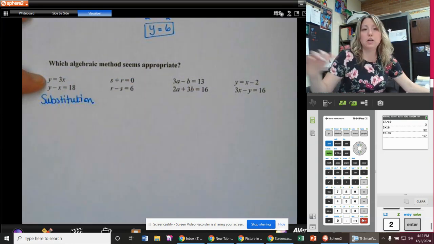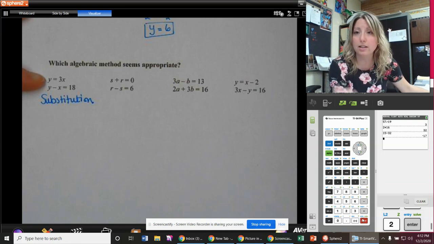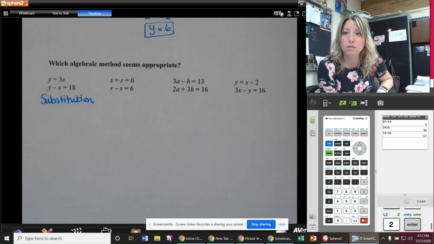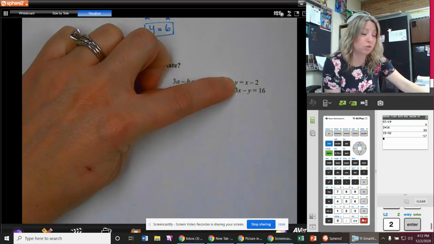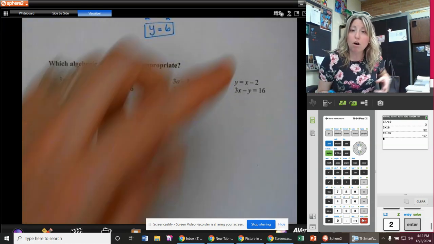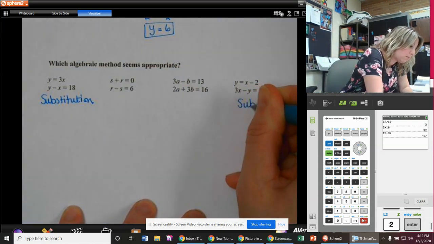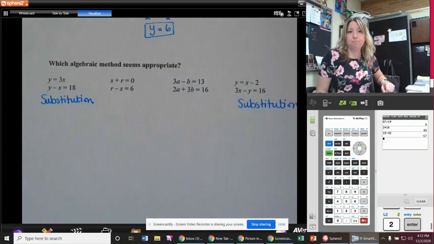Okay, do you see any others in here that lend themselves to substitution already because of the setup of one of the two equations? Y equals x minus 2. It's already alone. It's lending itself to substitution. So that would be the method to use to solve that system.